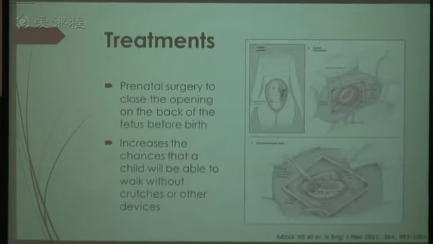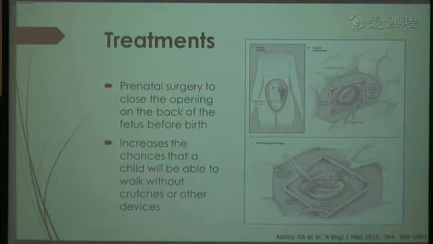Some cases are not really treatable; people just need to cope with them. But recent studies suggest that for myelomeningocele, for example, in an article published in the New England Journal of Medicine, they ran a clinical trial comparing how well the child will be able to walk without crutches, or how the child will fare in later life, if they do a prenatal myelomeningocele repair or a repair after birth.